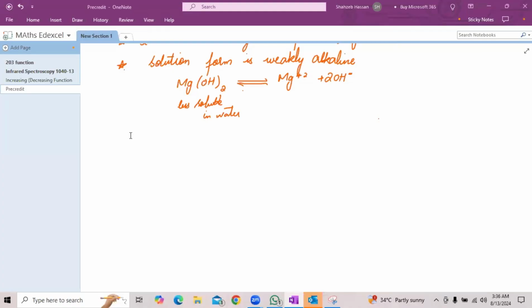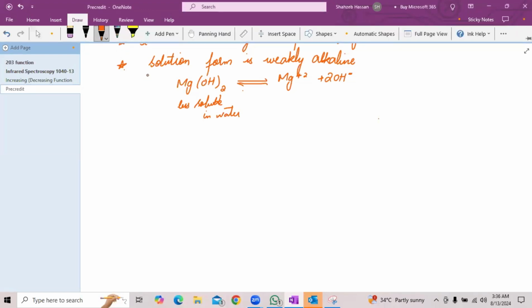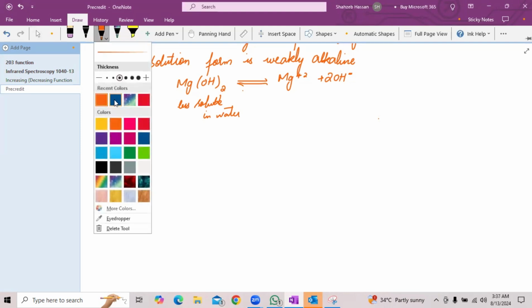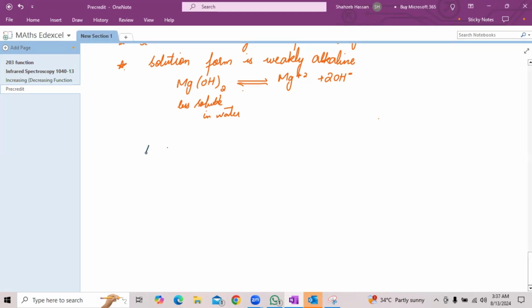Now we are going to study the next reaction. We know that magnesium reacts slowly with cold water, but what is going to happen if magnesium reacts with hot water? This is a very important difference.